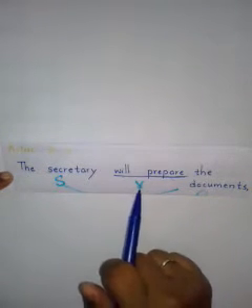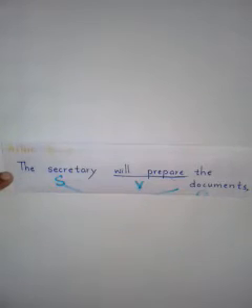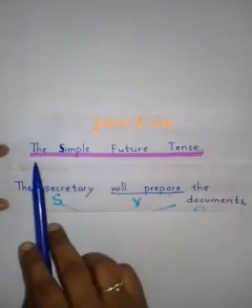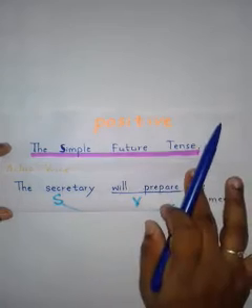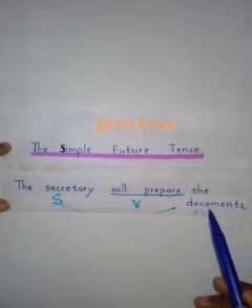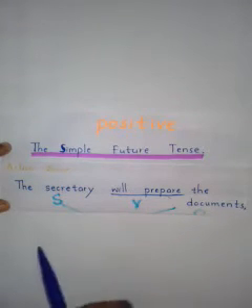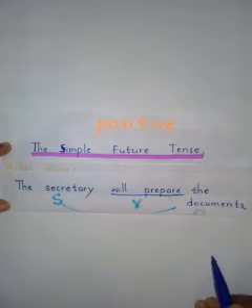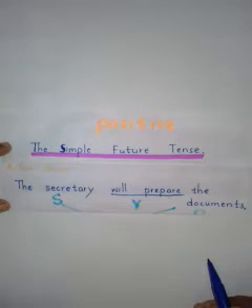And according to the verb, we can identify the tense. The tense is the simple future tense. So as the second step, we must put this object in the front and subject in the place of the object.